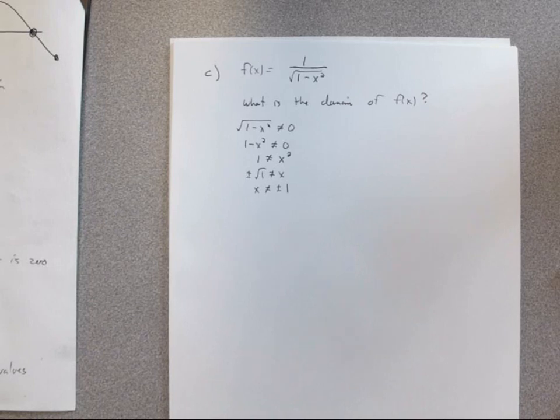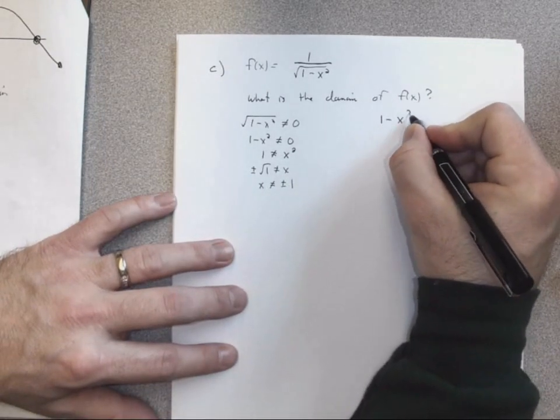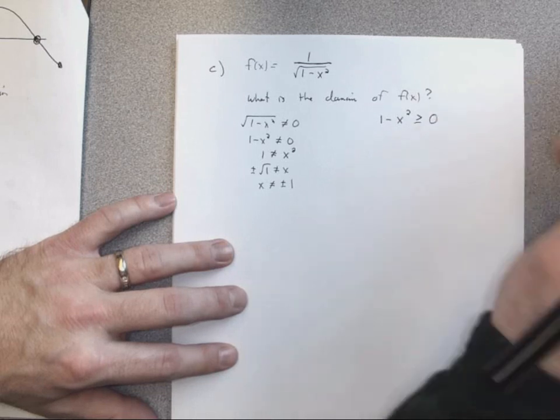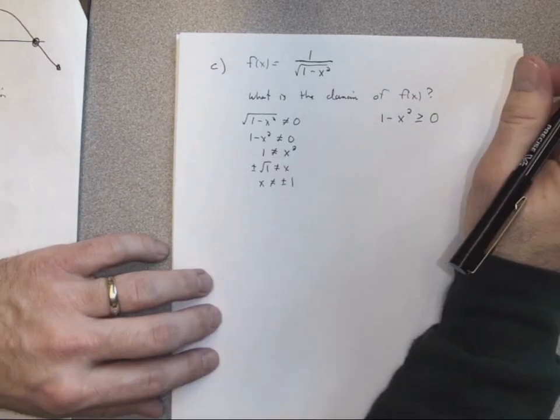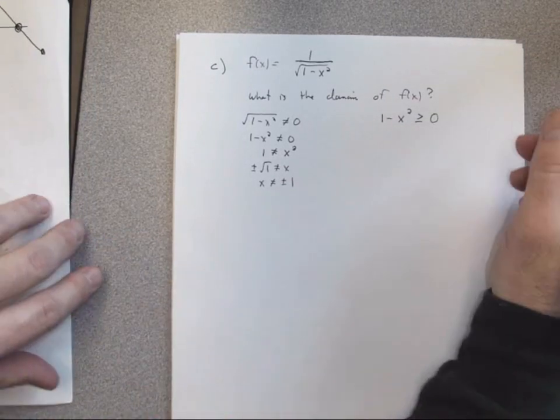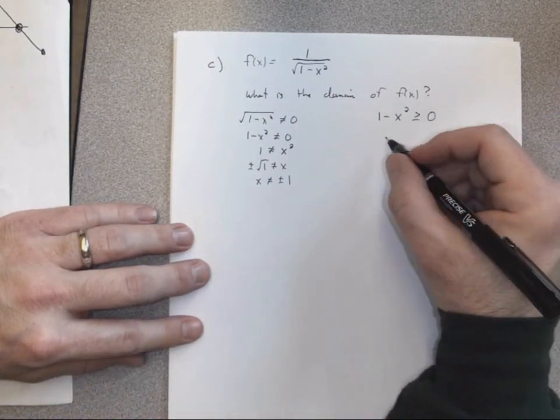The other thing I have to worry about is I know that 1 minus x squared has to be greater than or equal to 0. The reason why is you can't square root negative numbers, so you have both of these to consider.